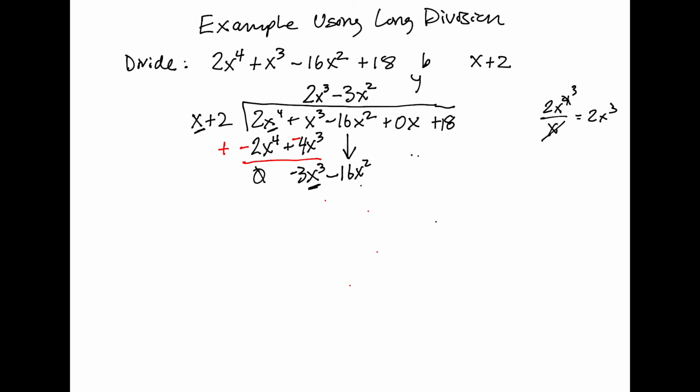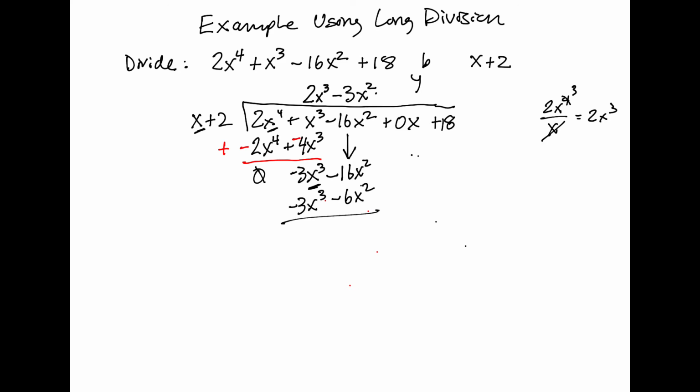All right, and now we multiply negative 3x squared. Negative 3x squared times 2 gives me negative 6x squared. And negative 3x squared times x gives me negative 3x cubed.